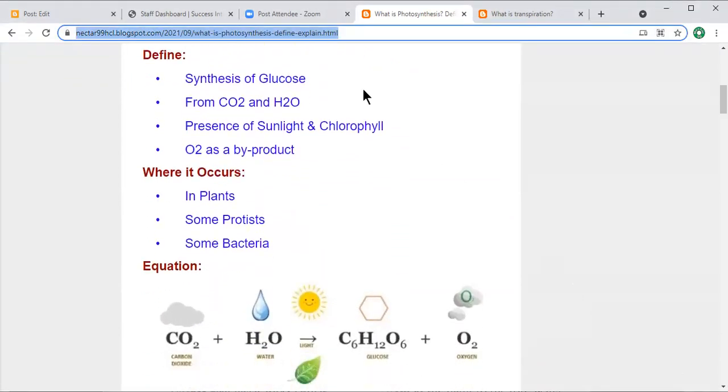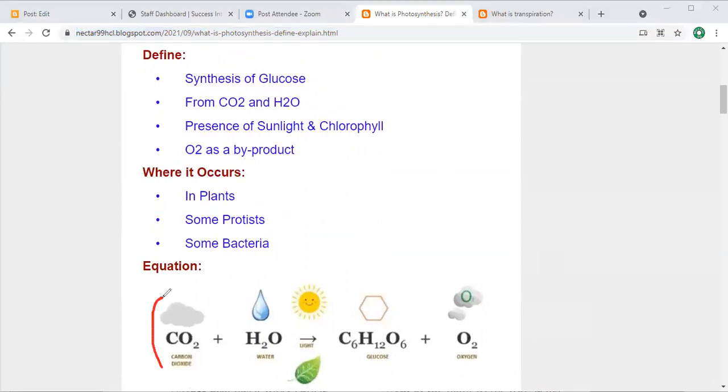After this, here is a simple equation that we're going to discuss in detail: carbon dioxide that we get from air, water that's absorbed from roots, and sunlight we take from the sun.